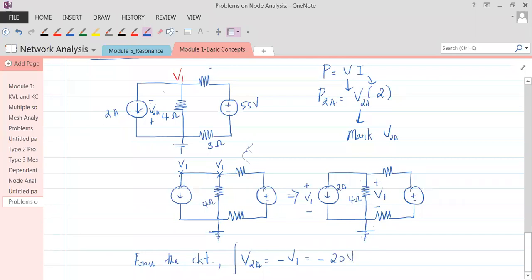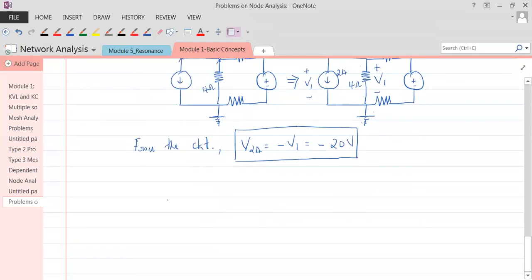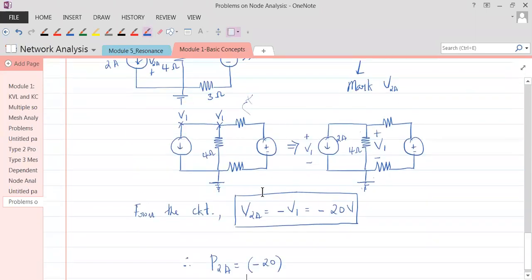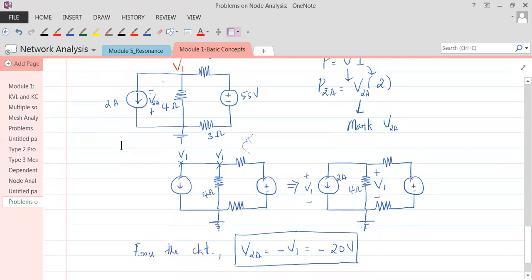Okay, so this is another finding. So therefore power would be what? Everybody, can you calculate that and tell me what is going to be the power? Therefore power delivered by 2 amperes is minus 20 into 2, because it's 2 amperes.